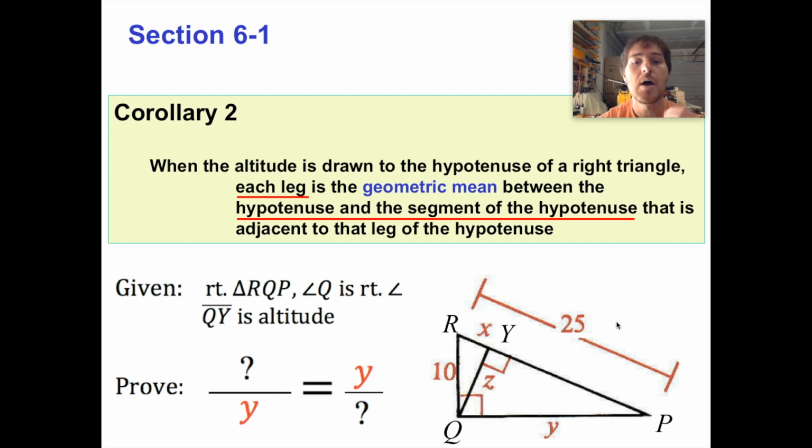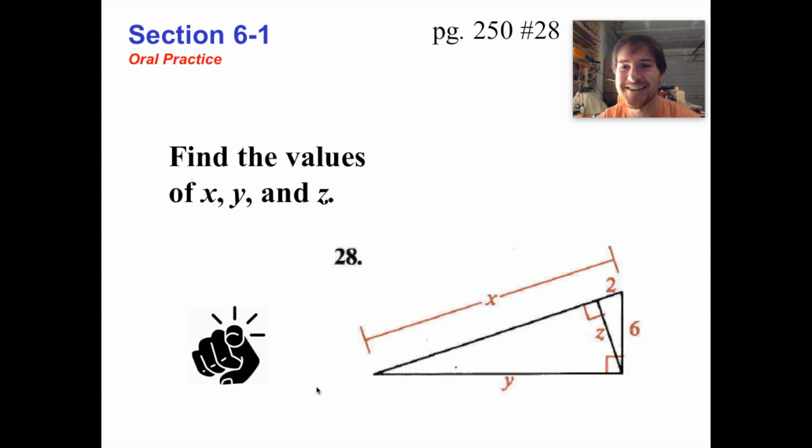Okay, so if we're going small to large, the small triangle's hypotenuse would be 25 over Y. And then going large to small, the large is the longer leg, so it would be Y over 25 minus X. I think that's our answer here. I think I wrote it down wrong. Is that incorrect? Well, it doesn't really matter, actually, because that would just be the inverse of the other thing. Anyways, I'm going to keep moving on because we've got to keep moving.